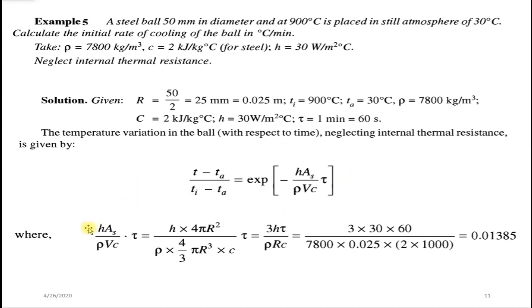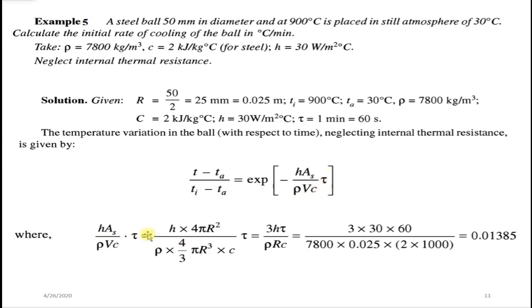So we have to find the rate of cooling. For that, find out after 1 minute what the temperature change is. First find the temperature using this equation. First they are finding h into As divided by rho into V into C into time.